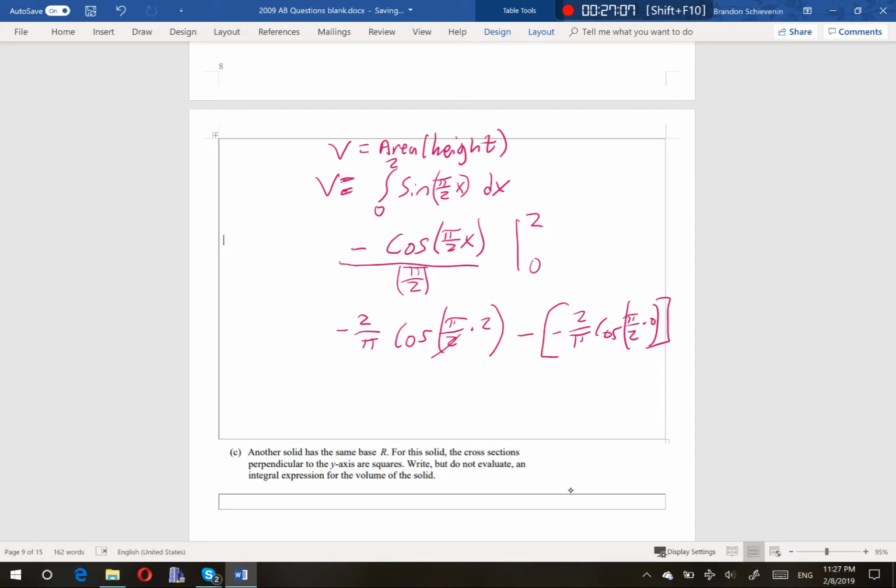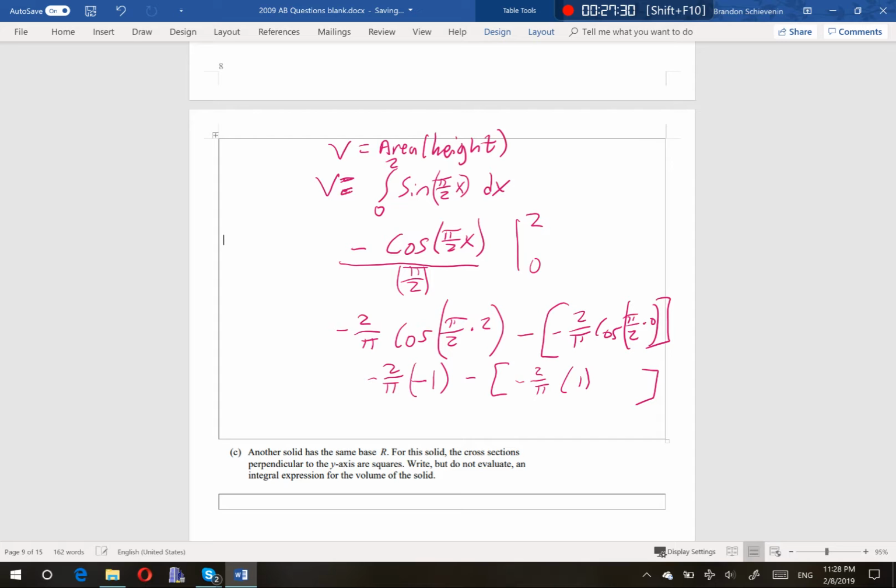I'm going to erase these marks I just made. Okay, so I'm going to replace this cosine of pi over 2 times 2 with the cosine of pi, which is negative 1. Okay, minus... what's the cosine at 0? 1. Okay, cosine at 0 is 1.